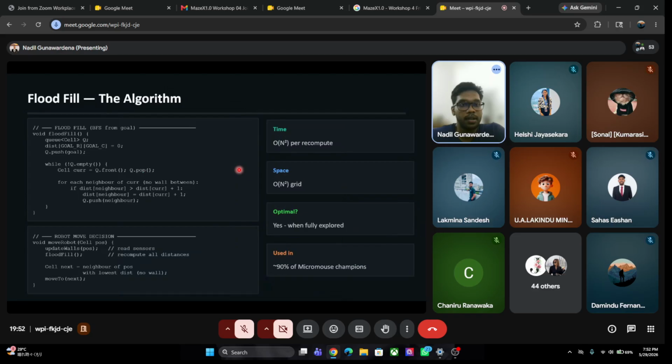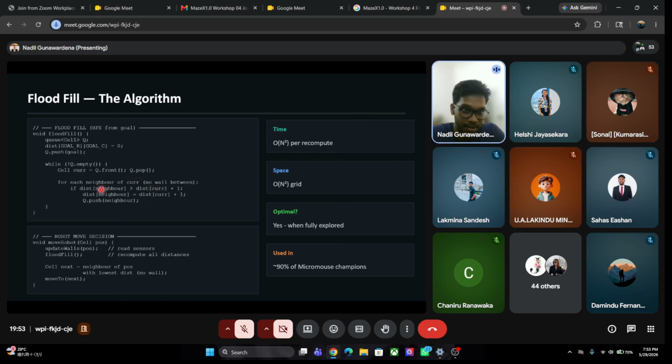Okay, let's move on to the algorithm. If you want to take screenshots, please take those screenshots, because this might be important for you to develop your own flood fill algorithm. This is how the flood fill algorithm is coded, and you can go through this and see how the distances are updated.